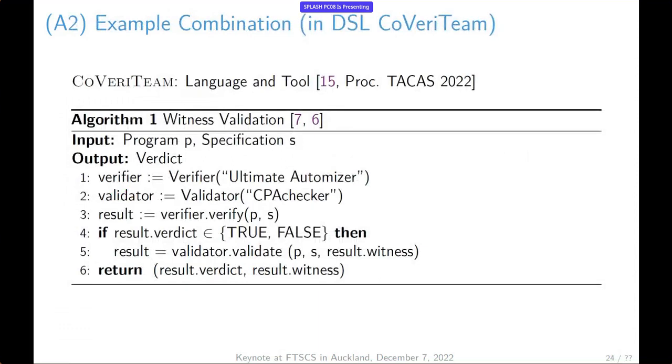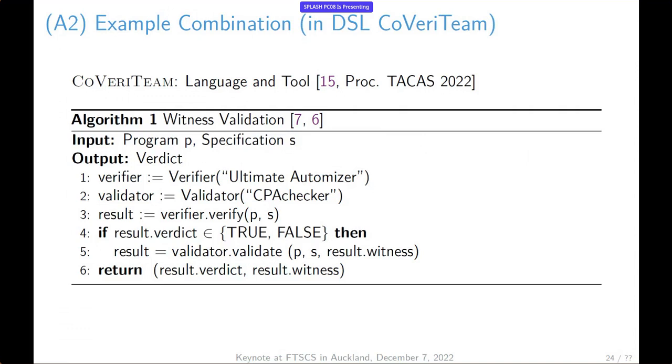Next, we have worked on a small domain-specific language to make it easier to combine verification tools. So, for example, in this little algorithm, I just wanted to express that we have input, program, and specification, and we want to verify it and validate it together. In the first line, we instantiate a verifier from an archive, Ultimate Automizer is the name of a verification tool, and store this in a variable.